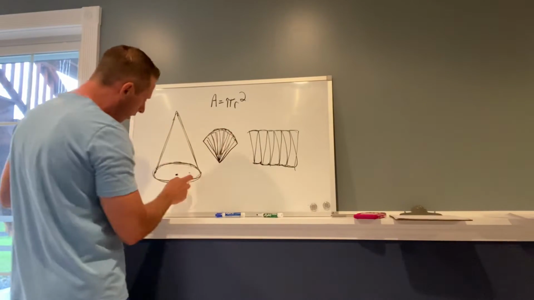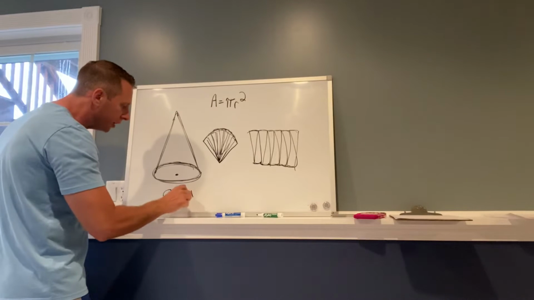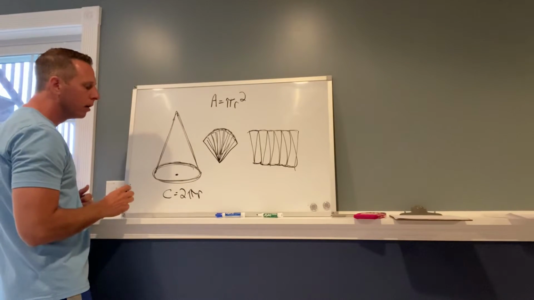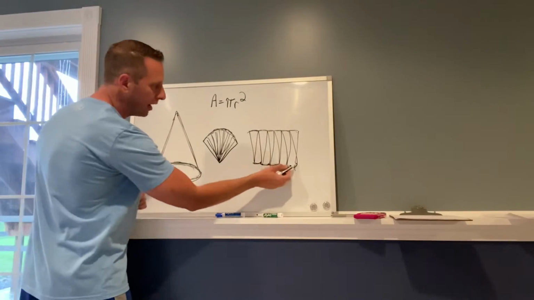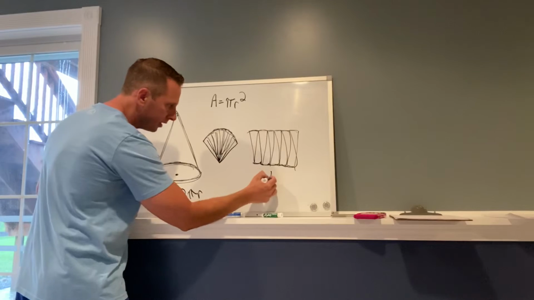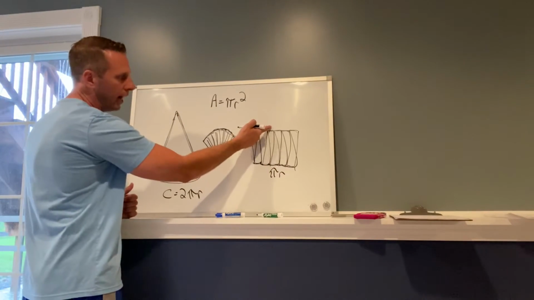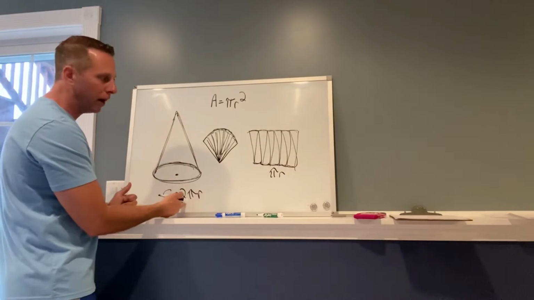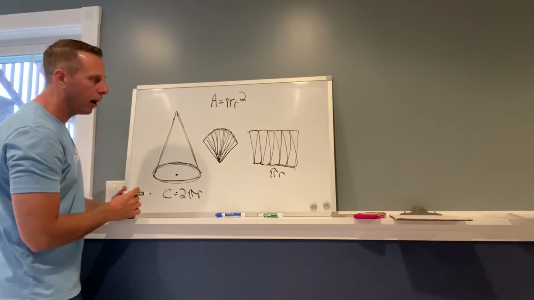So all of those is the circumference of the circle, which is 2 pi r. Well, if the whole thing is 2 pi r, half of them are down there, half of them are up there. So this is just going to be pi r. A pi r up there, a pi r up there would give us the full 2 pi r. The length of our rectangle is pi r.